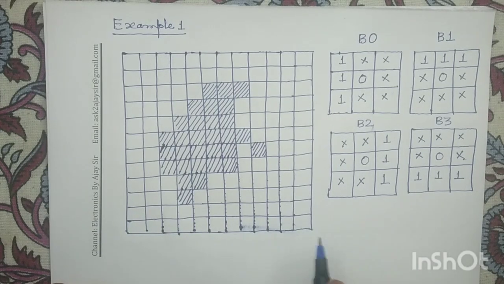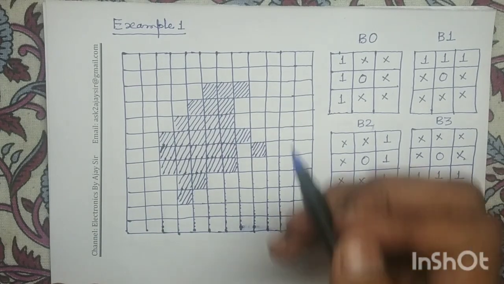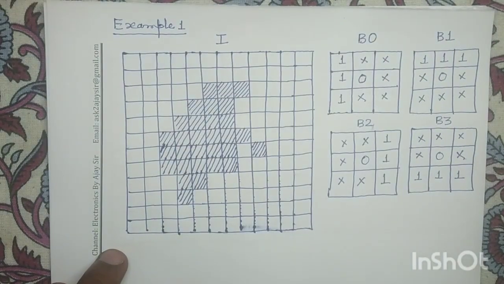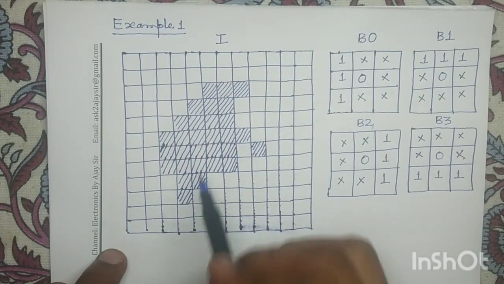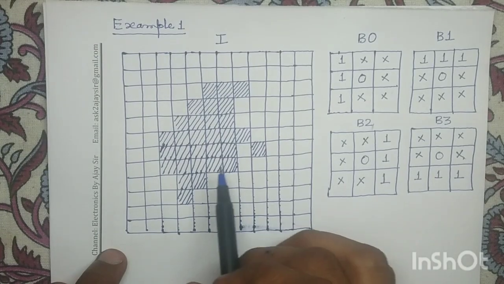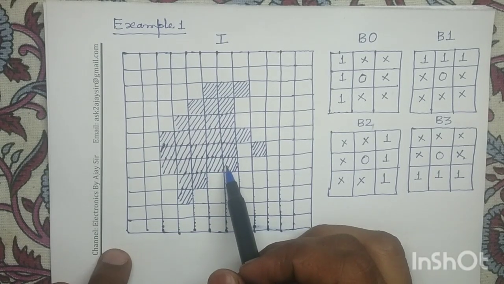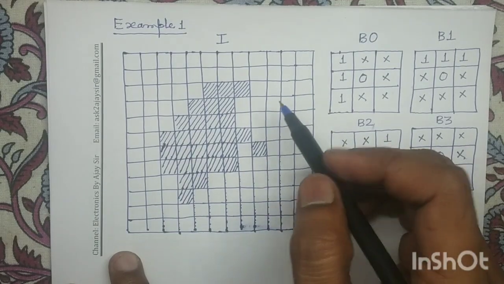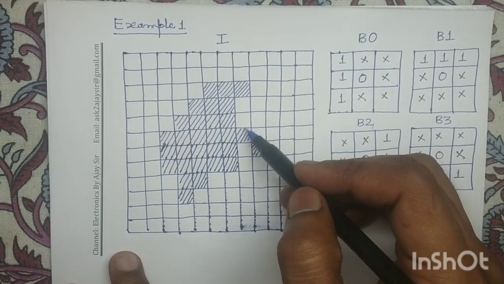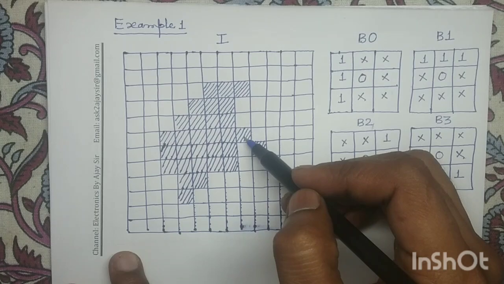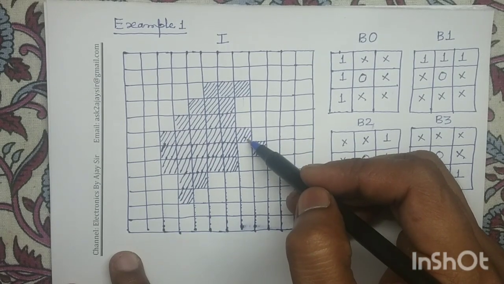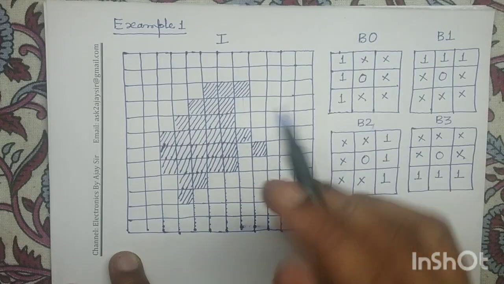So for the same, here I have one example. This is my input image I, and this is the object set. Now this object set is not convex in nature, since if I choose any two points and connect this pair of points, the straight line will not pass through the object set, and hence this object set is not convex.